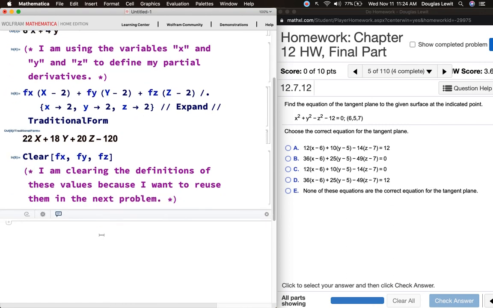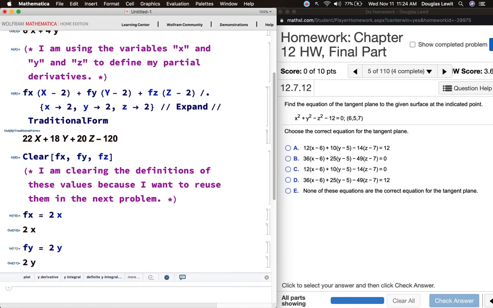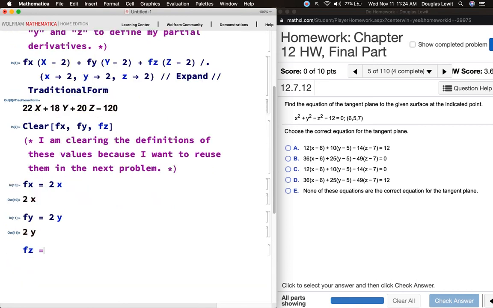Okay, terrific. So the partial derivative with respect to x, that's really easy, 2x. The partial derivative with respect to y is 2y, and the partial derivative with respect to z is negative 2z. So that's really easy.